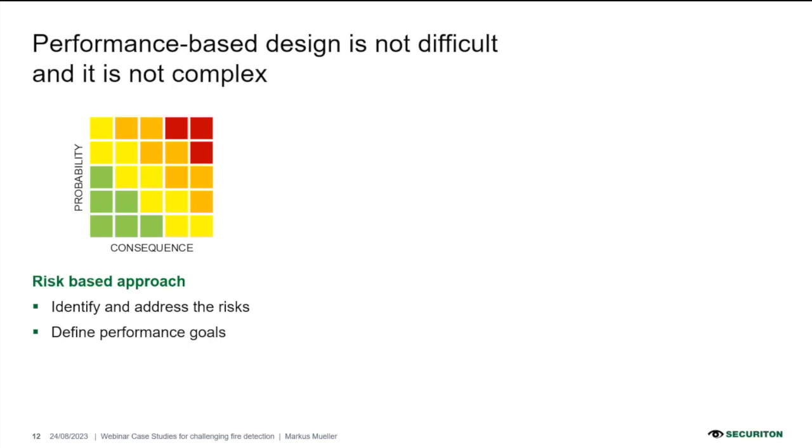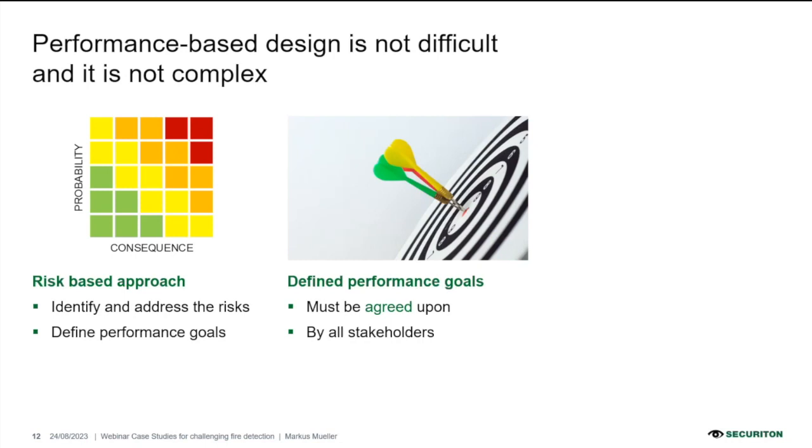We need a risk-based approach where we identify the risk and define the performance goals. A risk analysis is a widely documented process. You can get loads and loads of documentation on the internet about a risk analysis and a risk-based approach. Once we have defined our performance goals, I say it again, they must be agreed upon by all the stakeholders.